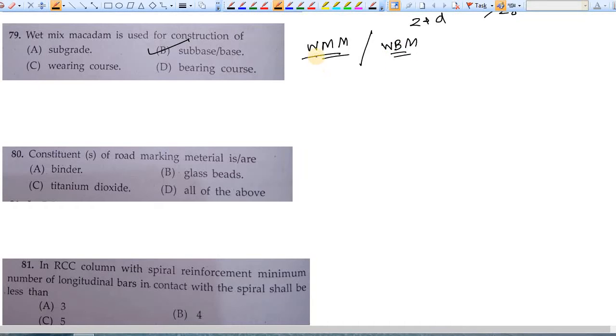The main difference is that this is a product from a plant, or you can say that to make this product we have to use a plant, and to make WBM you can use the manual method. Next, there are slight changes in the stone sizes or stone grading, but the major thing is WMM is a plant product.